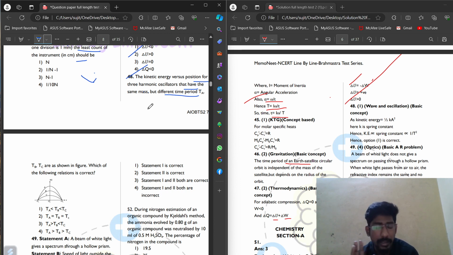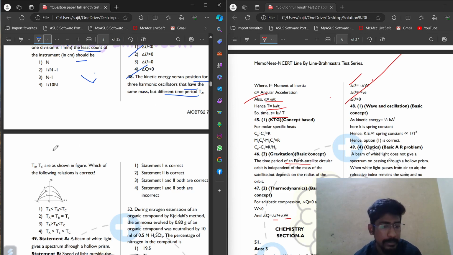As these three are in the same area, G will be equal, so the value of T will only depend on the length of the harmonic oscillators.